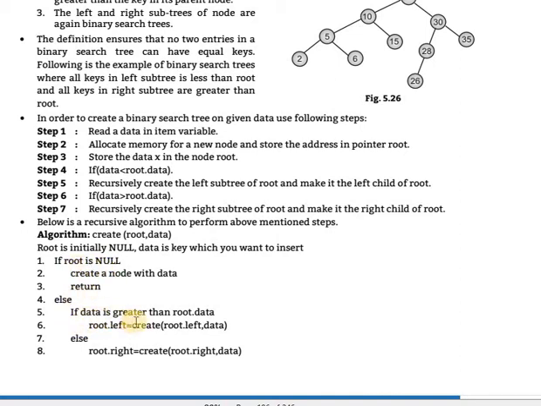Else, if the data is greater than root, then it means the right subtree, not the left. These statements are swapped. If the data is greater than the root, then root right is equal to create root right data. Else, root left is equal to create root left and data.